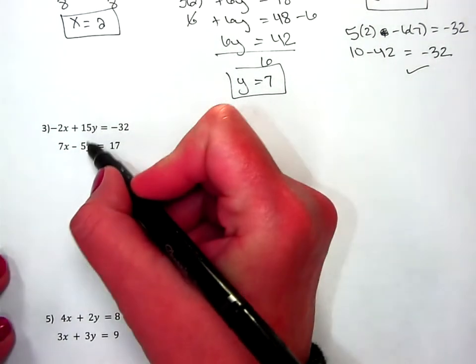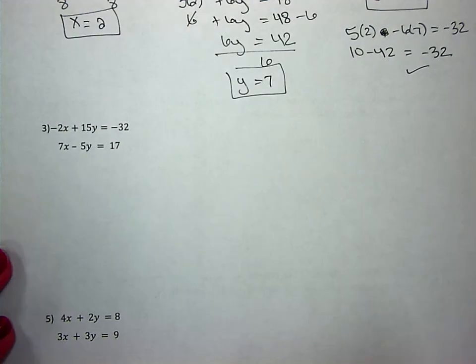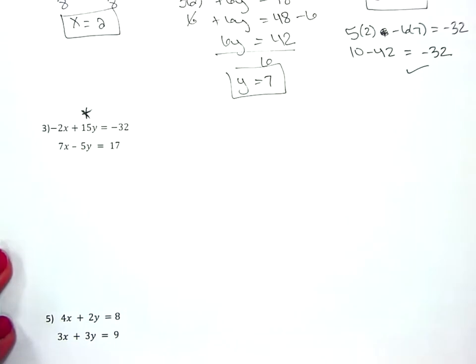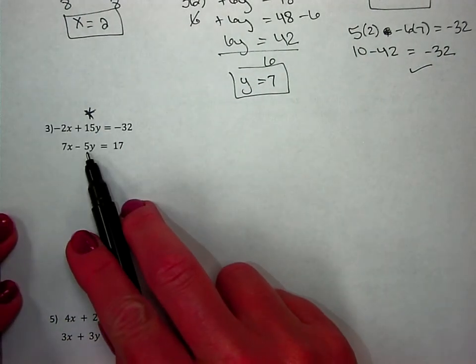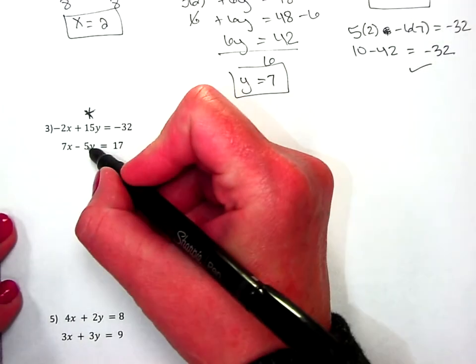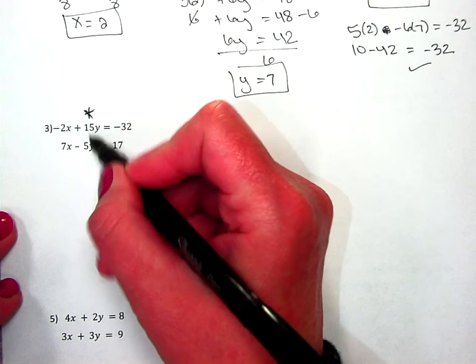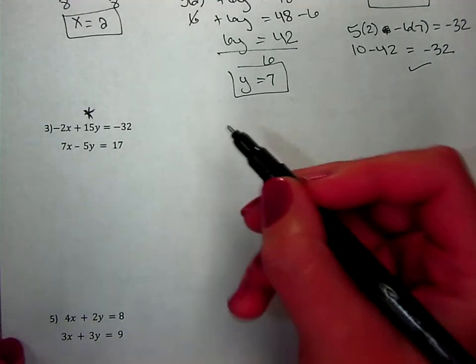So I know that 5 is a factor of 15. And so if I were to take this second equation and multiply that by 3, I would get a negative 15. So when I'm comparing my coefficients on my variables, I look and see if one is a multiple of another.